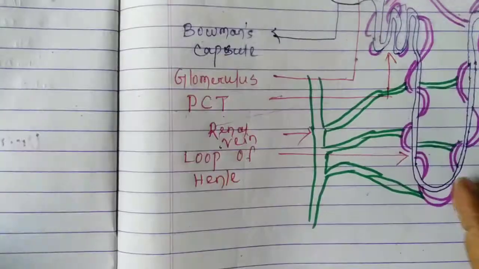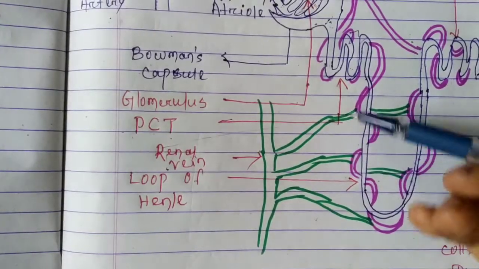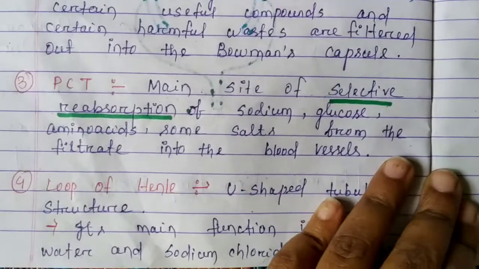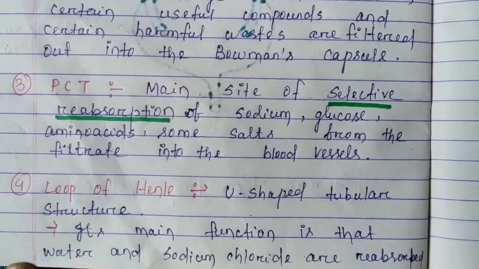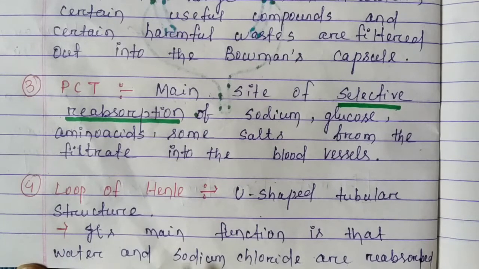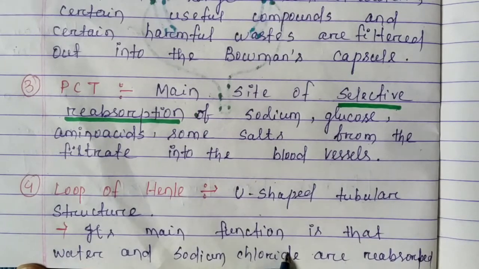Now from the PCT, the filtrate will move on to the loop of Henle. What happens in the loop of Henle? The loop of Henle is a U-shaped tubular structure, and its main function is that water and sodium chloride are reabsorbed from the filtrate.